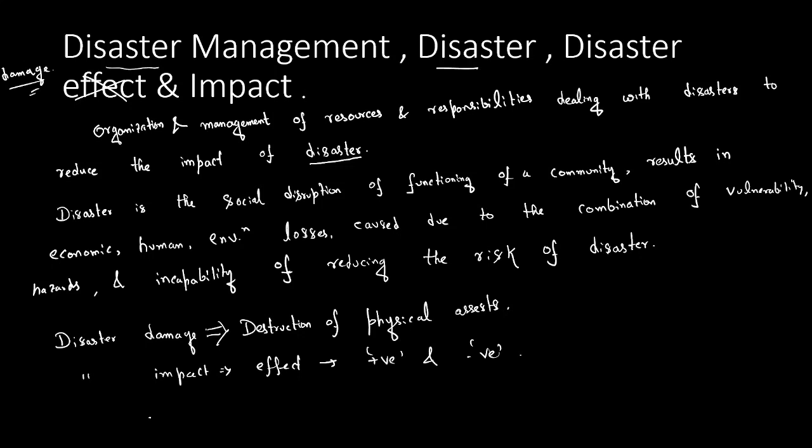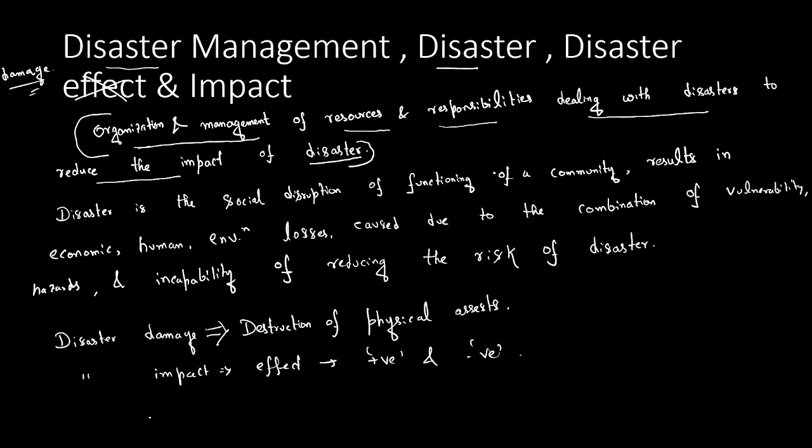So what is disaster management? Disaster management means organization and management of resources and responsibilities dealing with disasters to reduce the impact of the disaster. You get it? You have to organize and manage the resources and take responsibilities to deal with disasters. Why? To reduce the impact of the disaster.